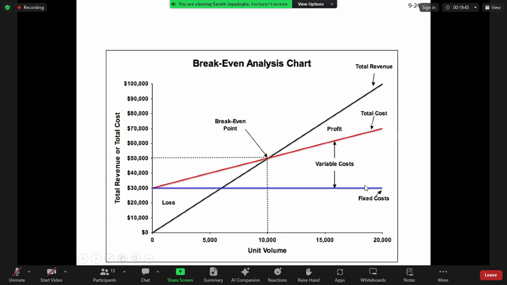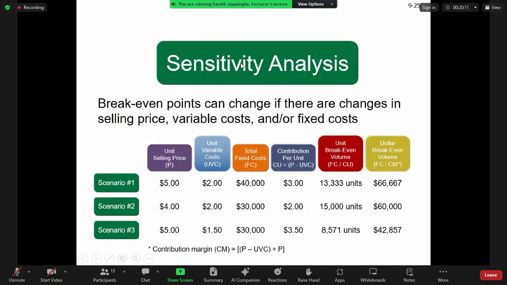Fixed cost plus variable cost gives the total cost. This is the point where they intersect. So you can see 50,000 is the dollar volume, and 10,000 is the number of units.